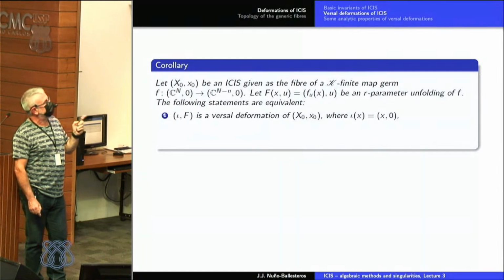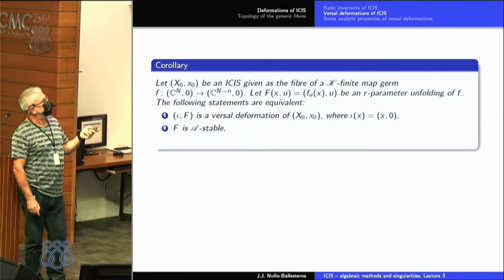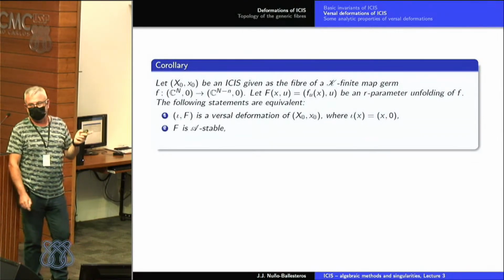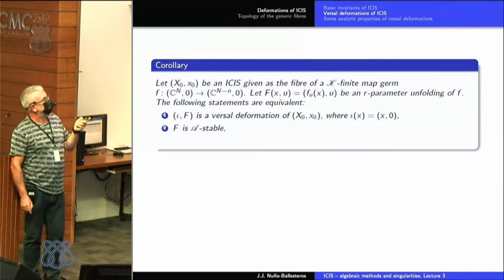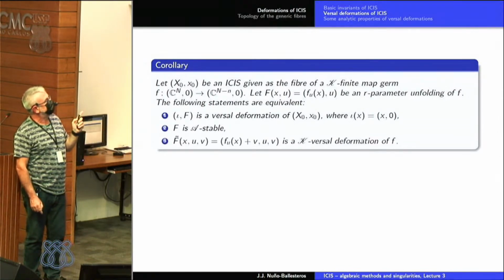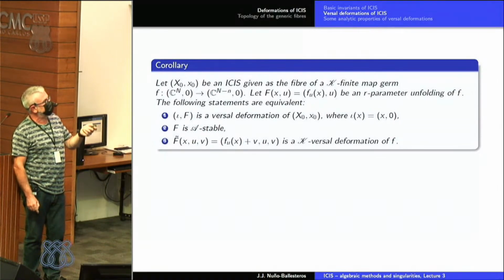First, that iota F is a versal deformation where iota of x is x0. Second, that F is A-stable as a mapping. And finally, that tilde F, which is the graph deformation of F, is a K-versal deformation of f.